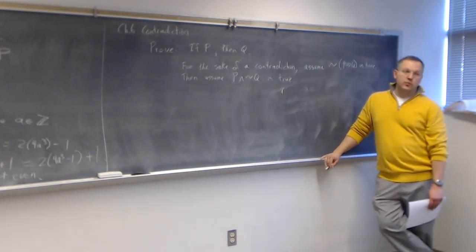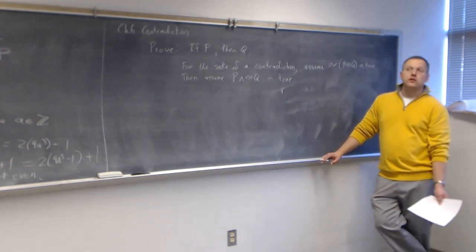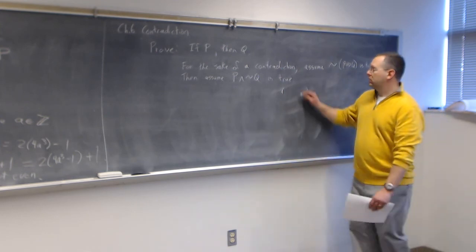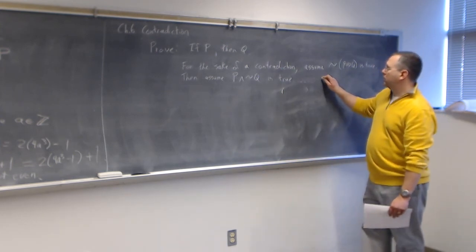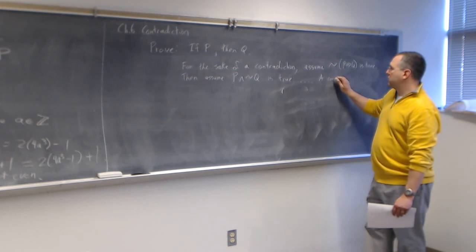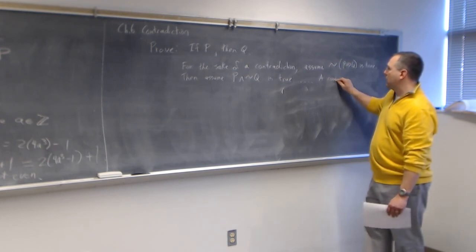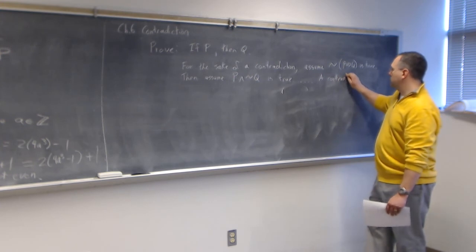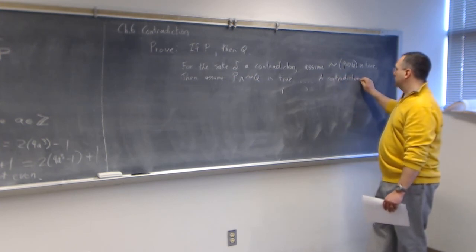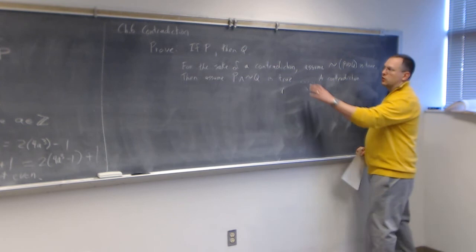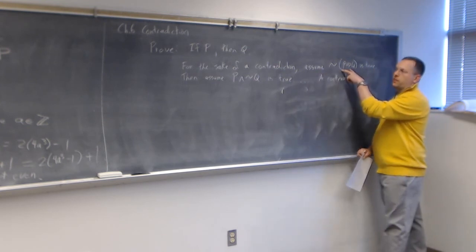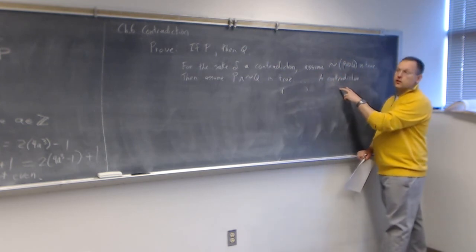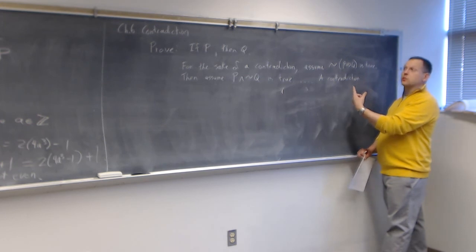And then you produce a contradiction. Somehow you get a contradiction, like x is even and x is odd. Contradiction. So you assume this statement is true and show that it produces a contradiction. Therefore, your original assumption was wrong.